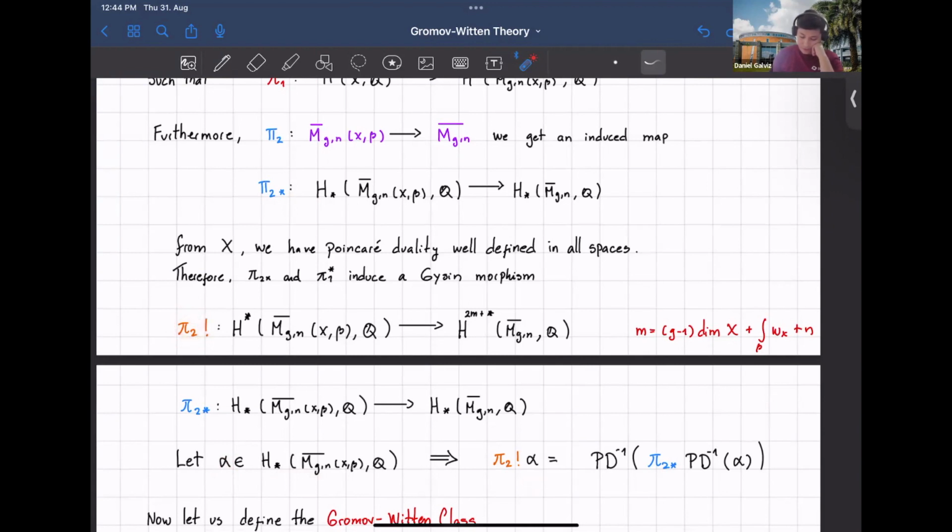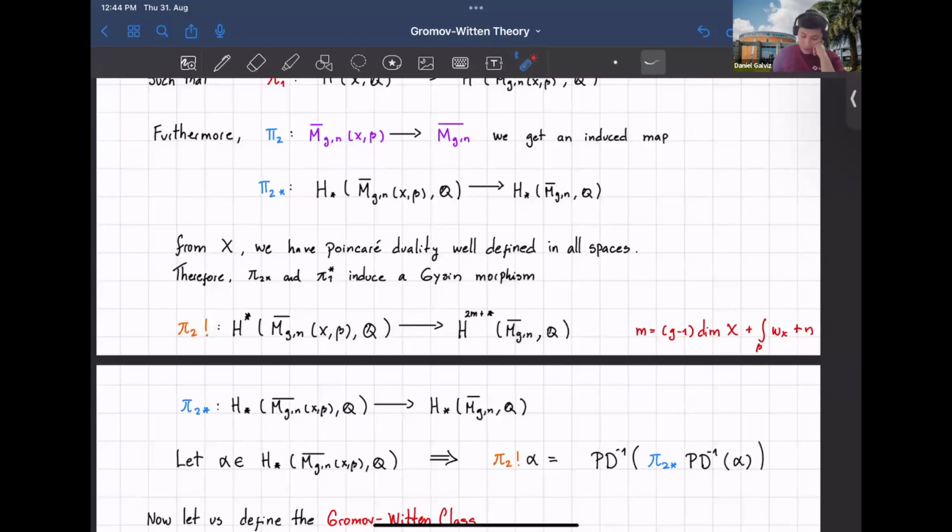This is taking this homology class and applying the Poincare dual.